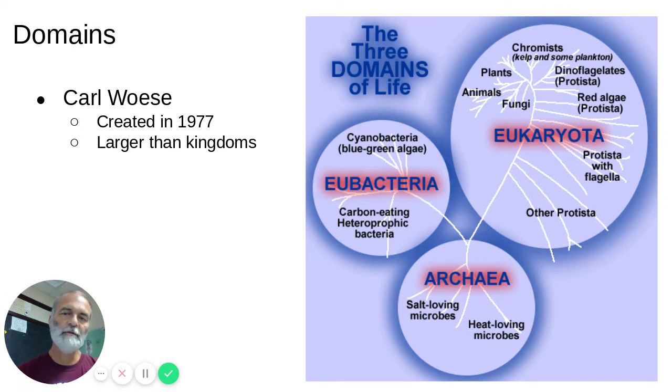And then it broke the other creatures that don't have a nucleus into eubacteria and archaea. And so there are 3 domains. The archaea are basically the archaebacteria, and the eubacteria is the kingdom of eubacteria. Those are the 2 bacteria kingdoms, and the other kingdoms then are in the domain of eukaryota.